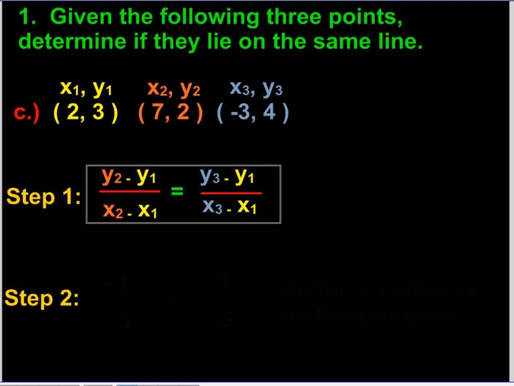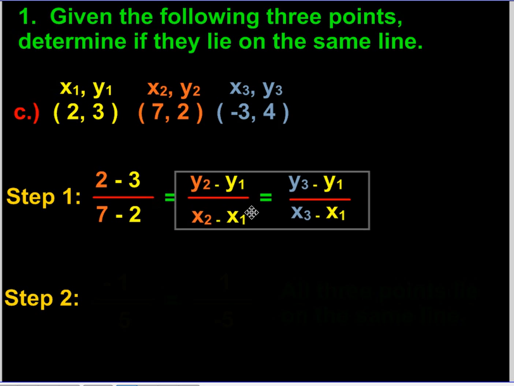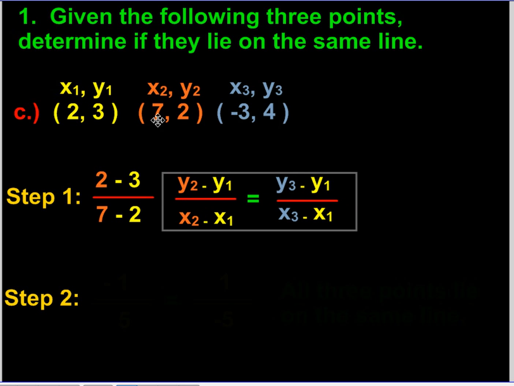Okay, let's take a look at 1C. Again, I labeled these points up here, and I suggest you do the same. And then we'll go ahead and plug them into the equation. So we have 2 minus 3 over 7 minus 2.